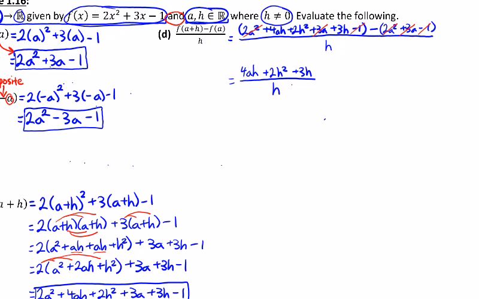But there's still a little bit more that we can do here. Now if you look at the numerator, there's only 3 terms now, and all 3 of them have a common factor of h. So you can apply your greatest common factoring technique and you'd have h times 4a plus 2h plus 3 all divided by h.